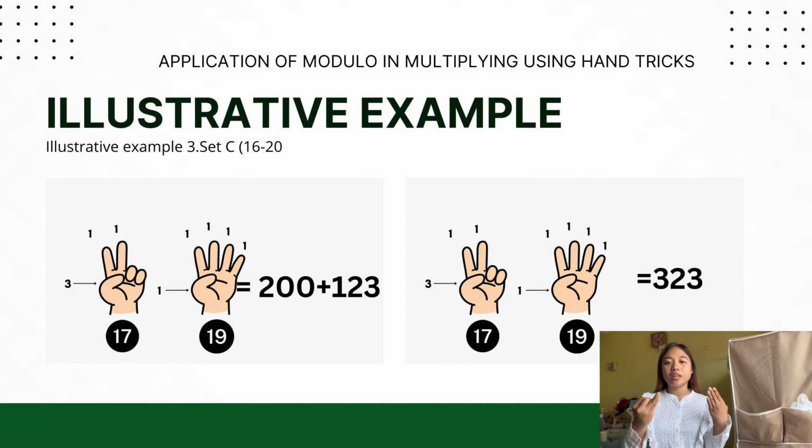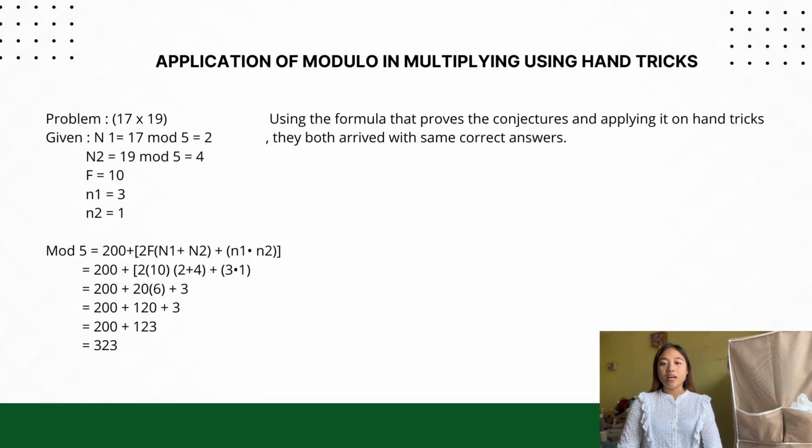So 60 times 2 is equal to 120 plus 3 times 1 is equal to 3, 123, and then we are going to add 200. So it will be 323. And we also arrive at the same exact number using the formula, which only proves that this hand trick is reliable.